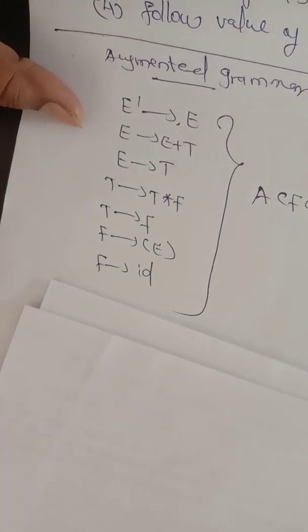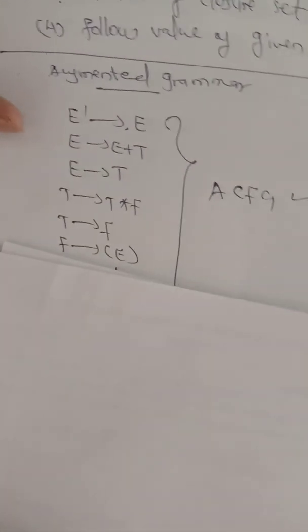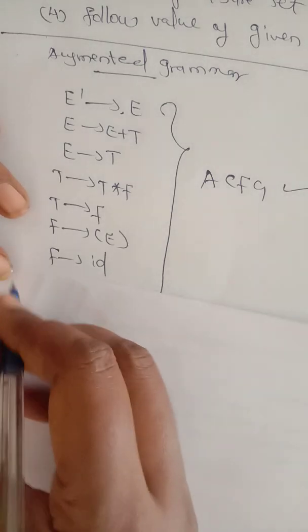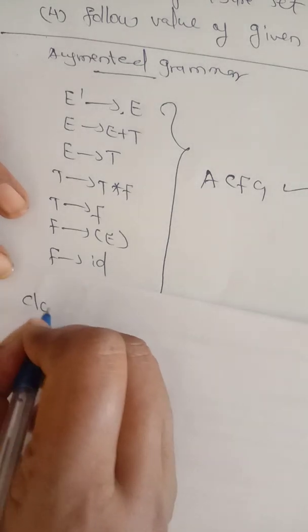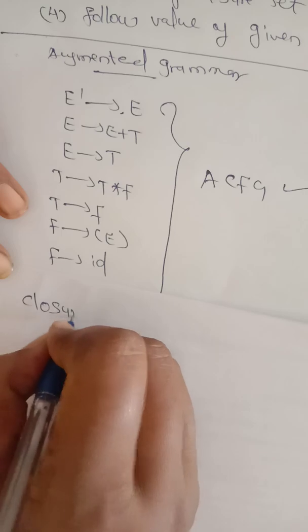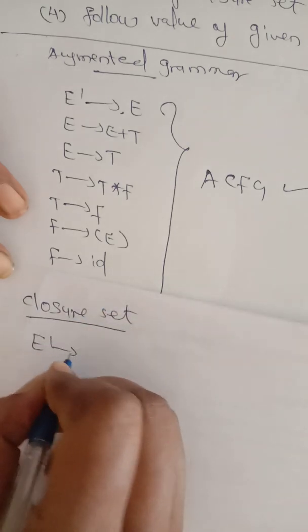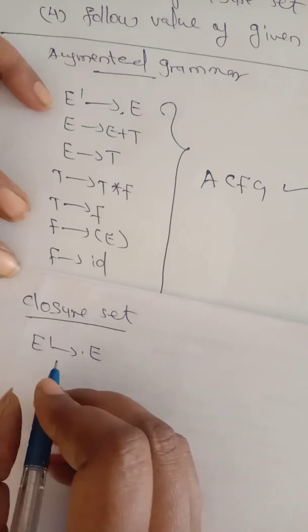Here we have the augmented grammar, and using that we have to write the closure. The closure set is: E dash goes to dot E, first one.